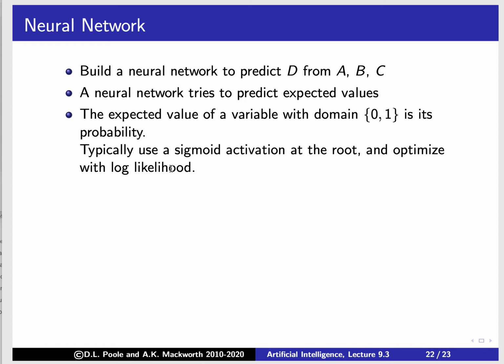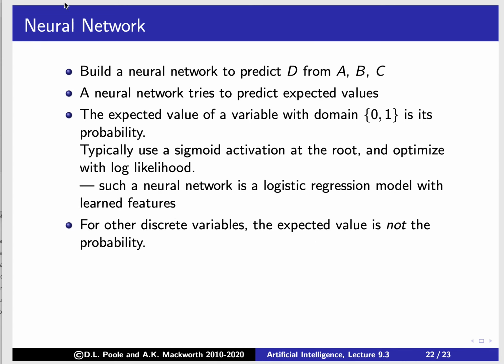And that's using what we did before. It's trying to predict the probability with a sigmoid there. So with the 0-1 domain, it's going to be a logistic regression model with learned features, which is a nice way of thinking about them.